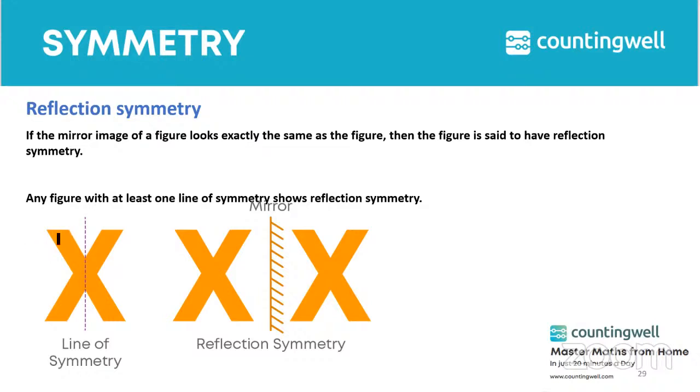So here you can see a letter X. We can have one line of symmetry here. Now, you can have one more line of symmetry, which is a horizontal line of symmetry. But as this figure has at least one line of symmetry, it will show reflection symmetry. So here you can see a mirror is placed and its reflection is seen in the mirror.